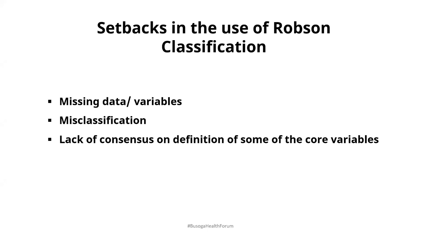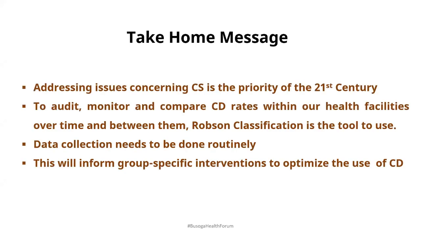So if they also have different definitions of the 6 core variables, it makes it again difficult to compare with, say, regional referral hospitals, which follow the overall Ministry of Health guidelines. But still, facilities that have similar guidelines can offer us an opportunity of comparing their cesarean delivery rates.